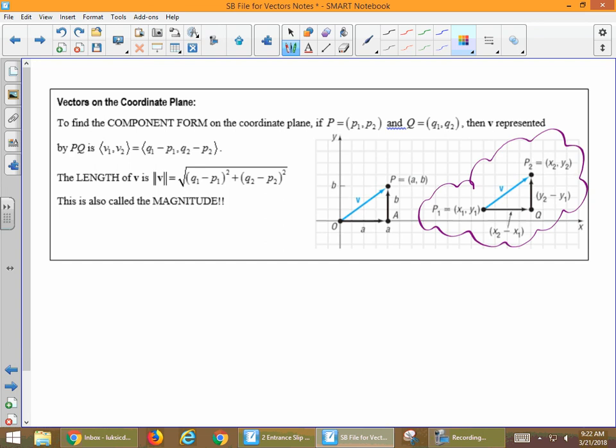So you have to do a little bit of subtraction, and the subtraction here is of your points. So this is points to component form.